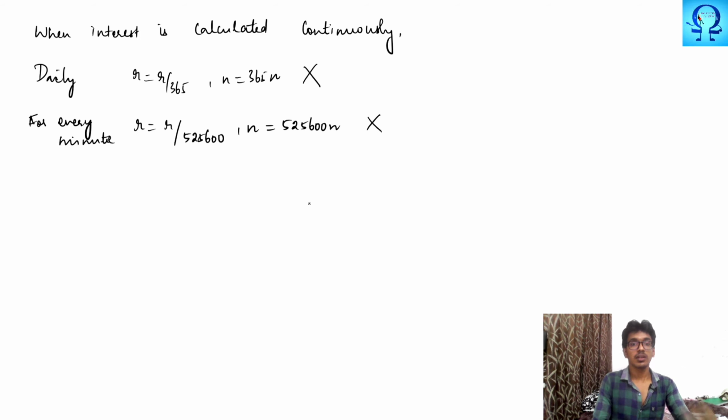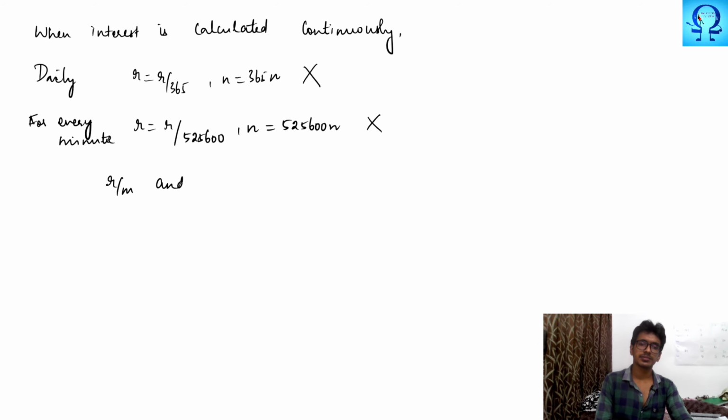But when it is compounded continuously, in the sense for each and every second, for every millionth of a nanosecond, we are calculating. So in this case, we generally write r upon m and n with mn. Mathematically, we don't know what is happening; it is going on and on. When something goes on like this, we just represent it as m approaches infinity.